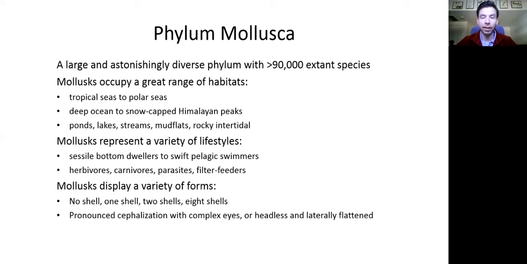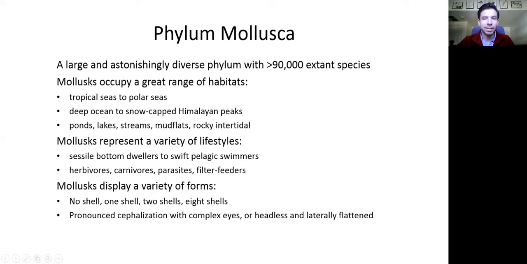And some of them have 8 shells, like the chitons in class Polyplacophora. Some mollusks have pronounced cephalization, so a very clearly defined head with complex eyes, like in the cephalopods. And some mollusks are headless and laterally flattened, like the clam that we dissected.